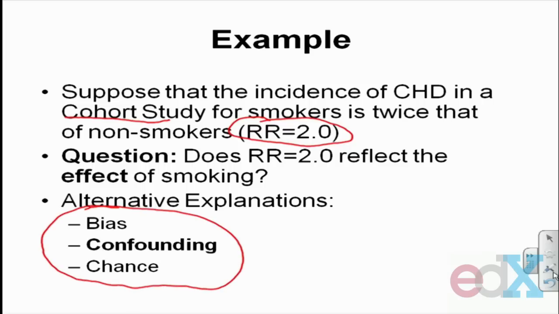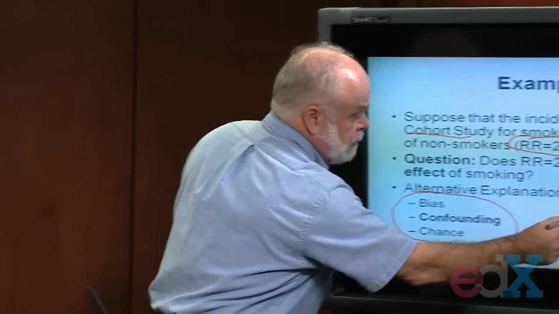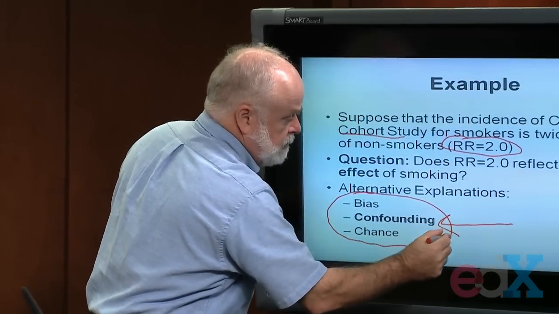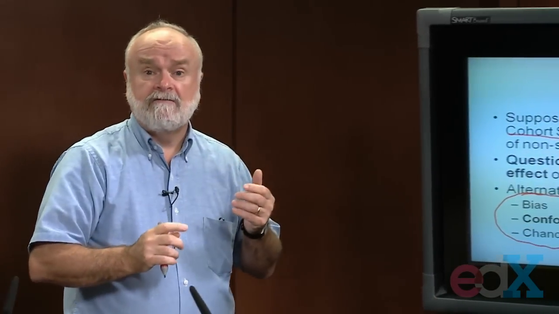And we've been referring to these three alternatives a few times when we've looked at the various study design options and the examples we've discussed in this class. Well, in this series of lectures, I want to look at the middle alternative explanation, the potential for something called confounding. So let's suppose you did your study. You found this risk ratio, rate ratio equals 2.0, but then you look closely at your data.